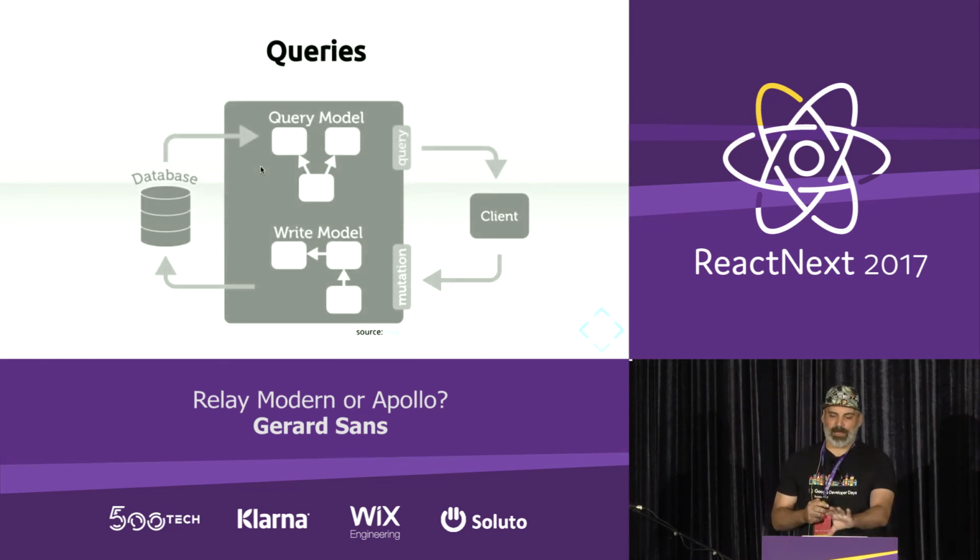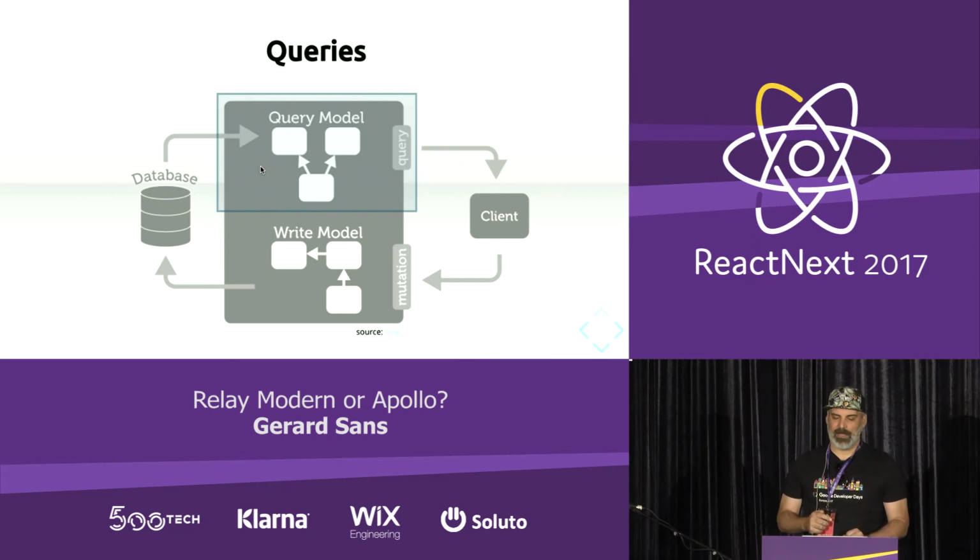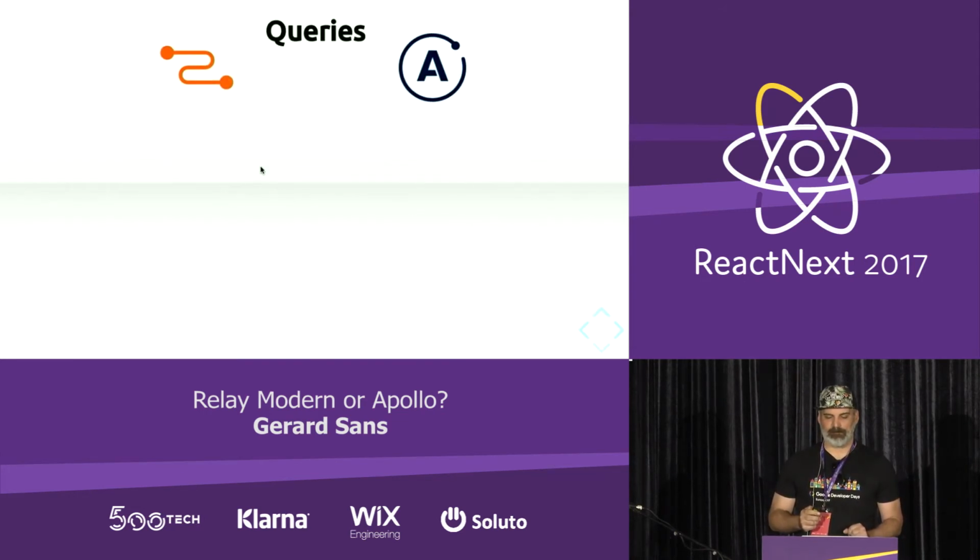So just to see an overview with this diagram, we are now looking into fetching data from the GraphQL server. We are looking at the top part, and we are just running a query from our client. So this is what we're going to cover now.